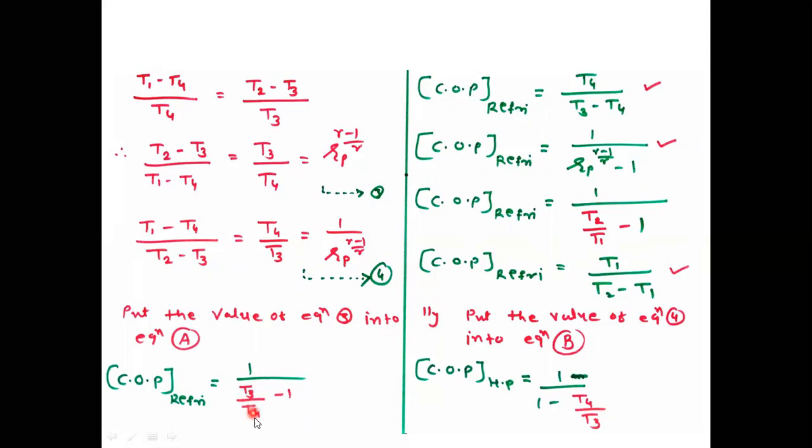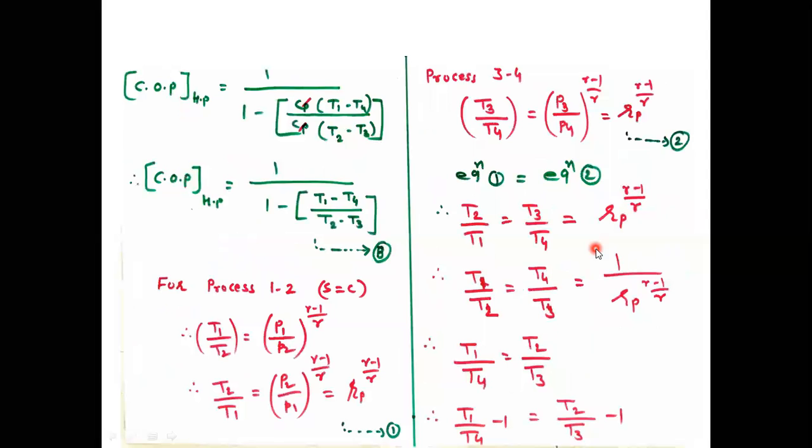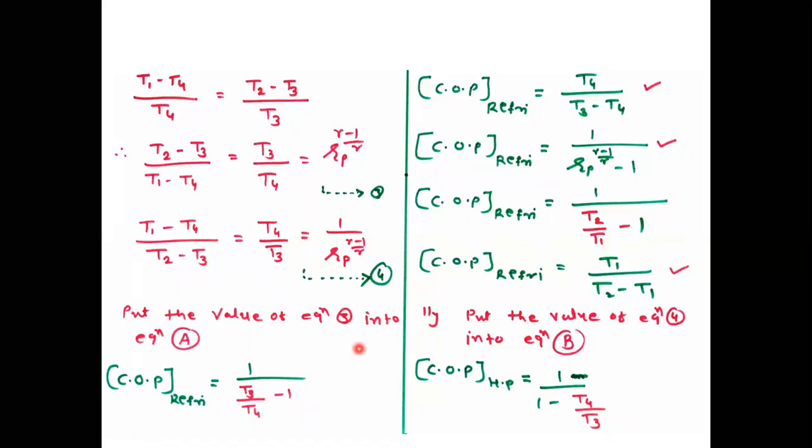And instead of T3 divided by T4, I can write T2 divided by T1. From where? See this equation. T3 divided by T4 is equal to T2 divided by T1. The ratio of T3 and T4 is equal to T2 to T1.